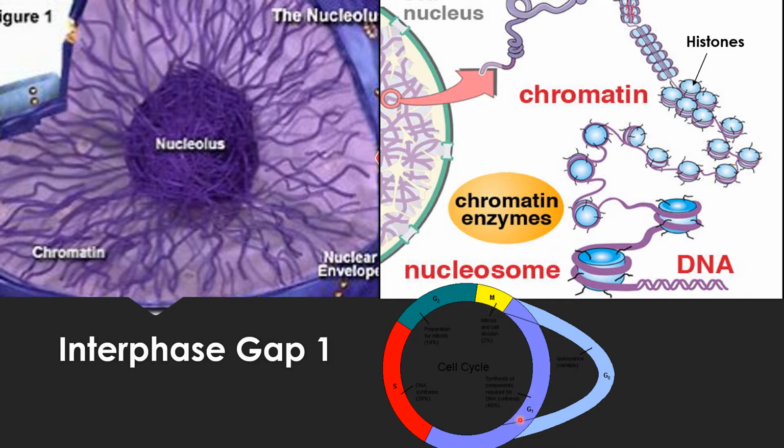If it's not, then it won't be able to make it past G1 into the S phase. But if it has everything it needs, all the histones it needs, and the chromatin's coiled up, then it can move on past that checkpoint in G1 into the S phase.